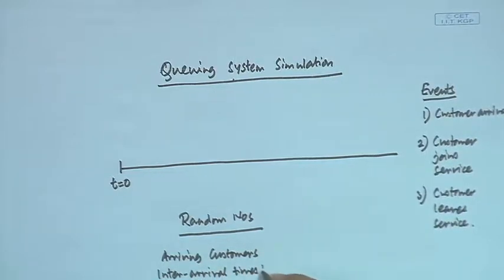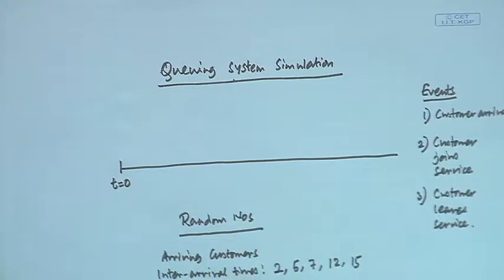Suppose the inter arrival times generated are 2, 5, 7, 12, 15, and we also generate what are known as service times.